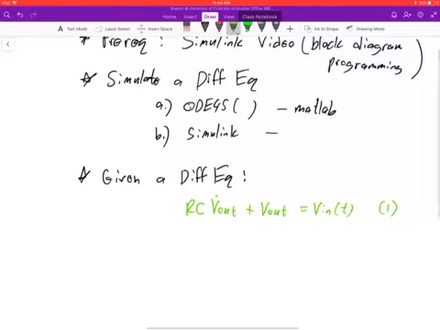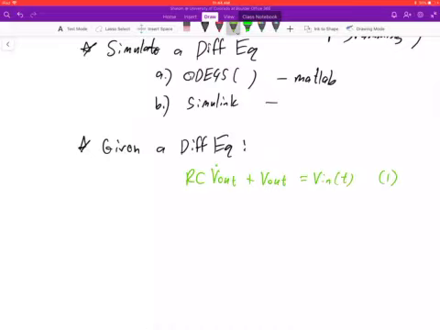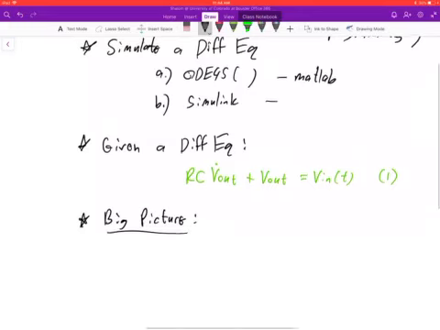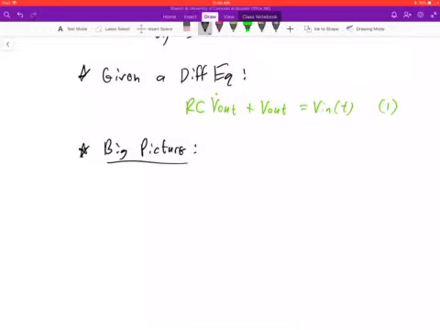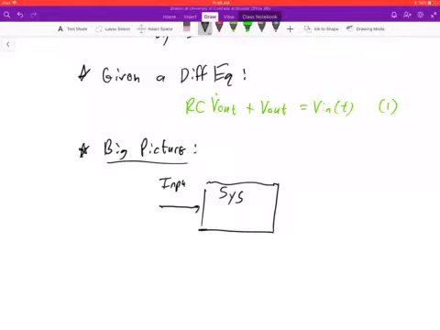So we're given this differential equation. Here's the big picture. The big picture is actually the drawing that I've already shown you, which is the following. You have a system, and you have an input, and you have an output.